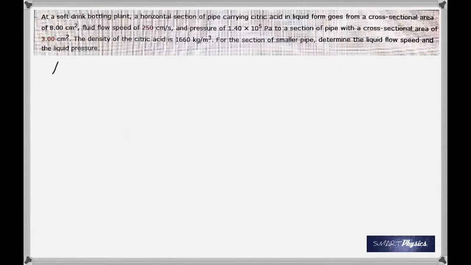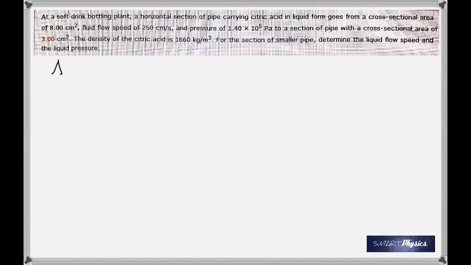Okay, now on to the second one. This question is about a soft drink bottling plant. A horizontal section of pipe carrying citric acid in liquid form goes from a cross-sectional area of 8 centimeters squared, where the speed is 250 centimeters per second and the pressure is 1.40 times 10 to the 5 pascals.